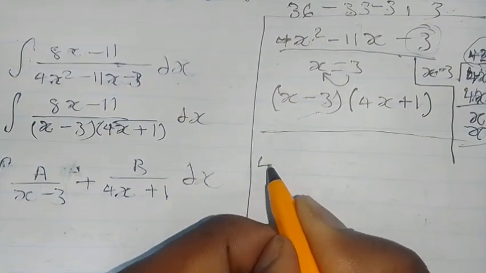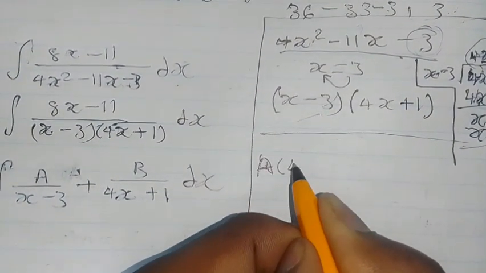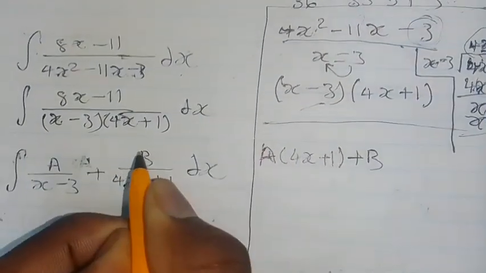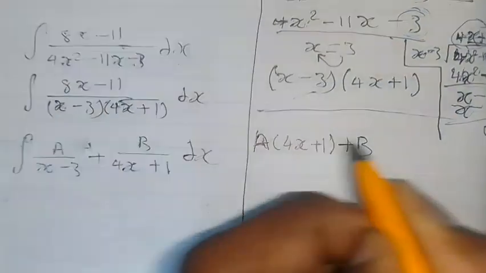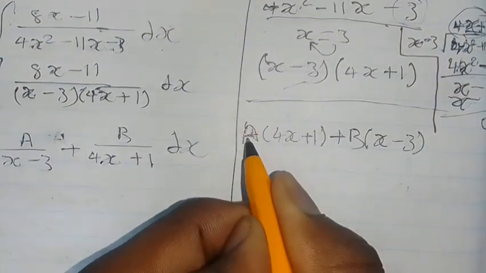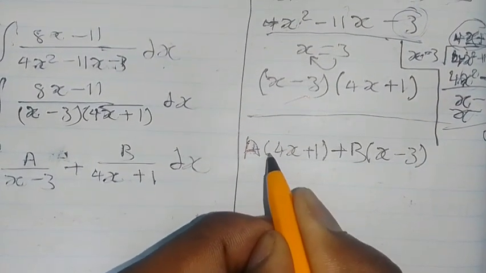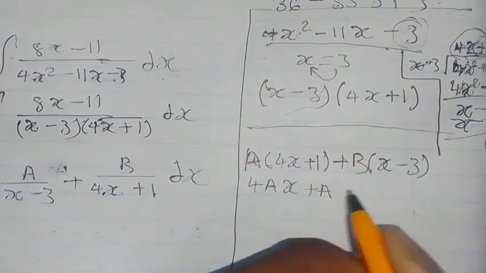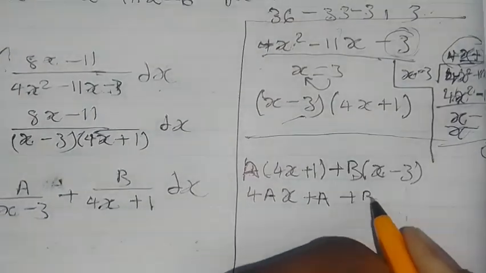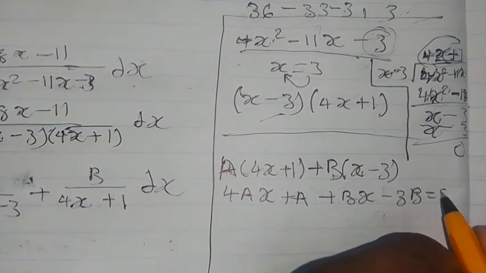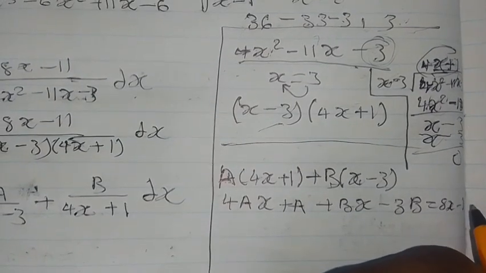You'll have a into 4x plus 1 plus b multiplied by the other denominator here, so you'll have b into x minus 3. And then you'll have 4ax plus a plus bx minus 3b. And this will be the same as 8x minus 11.